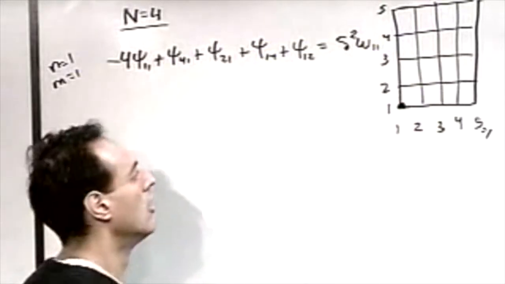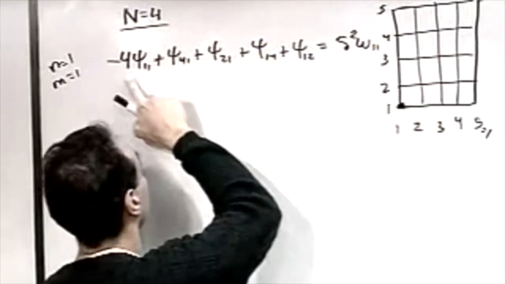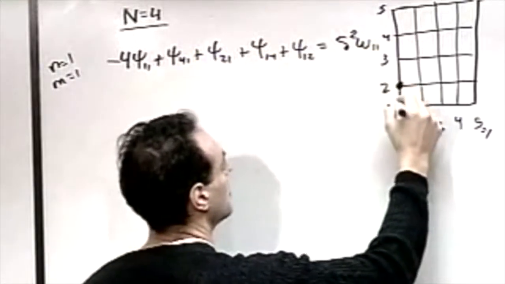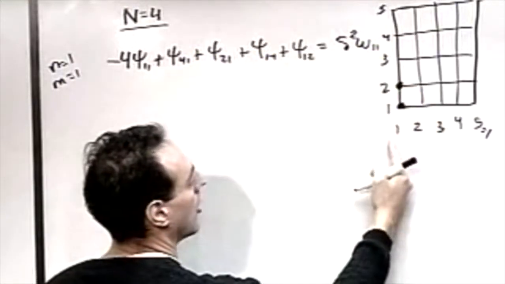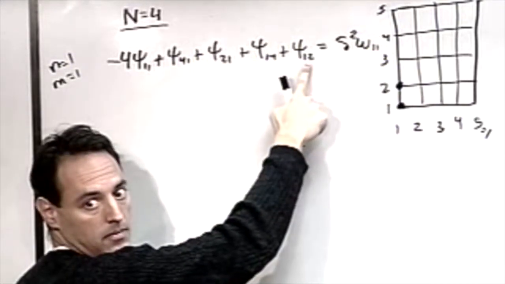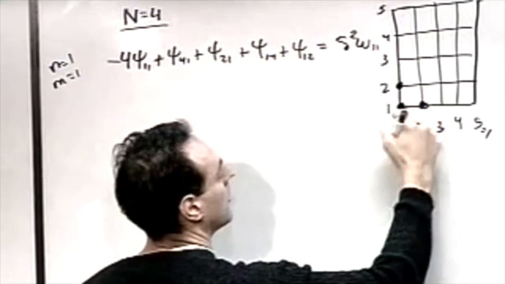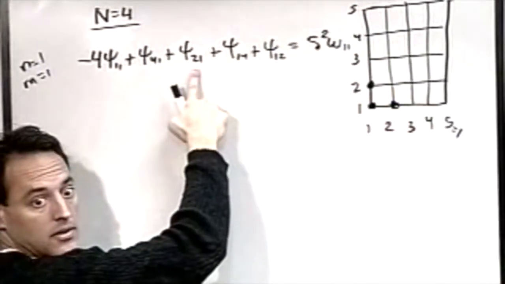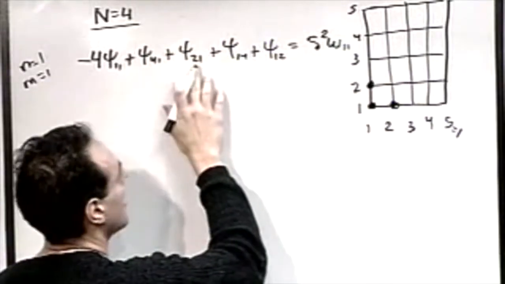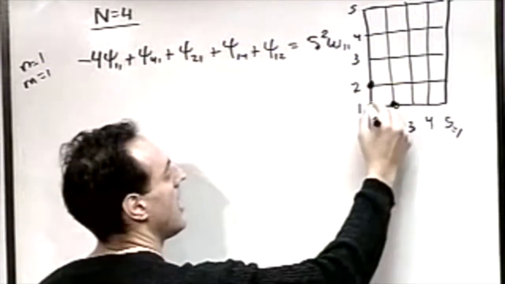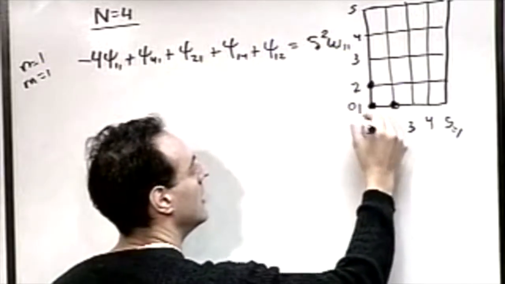And what does it rely on? Well, it relies on -4 at that point, plus it relies on 1 here, which is psi, go over 1 up to, that's that one, plus this point here, which is psi 2, 1. You can see that these are kind of like x and y coordinates for where you are in this grid. And then a point here and a point there.